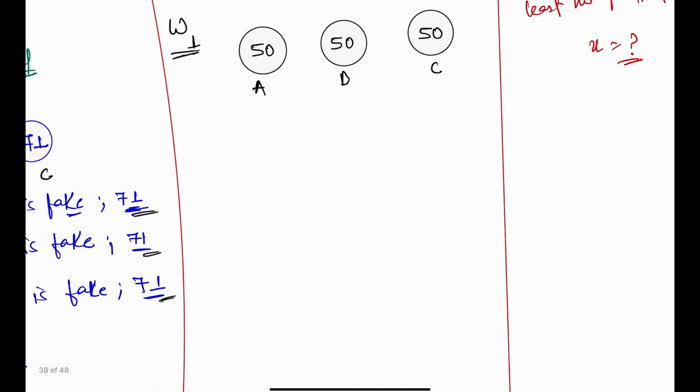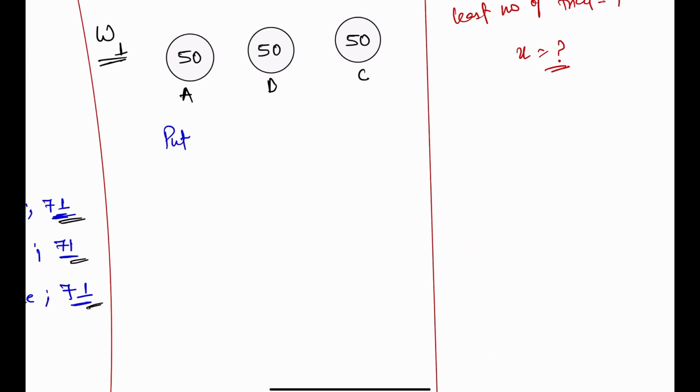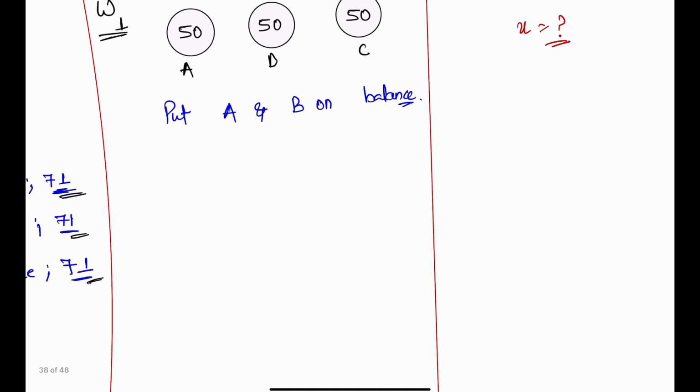We will put A and B on the balance. So if A is equal to B, we know that C is fake, right? If A is equal to B, then we know that C is fake.